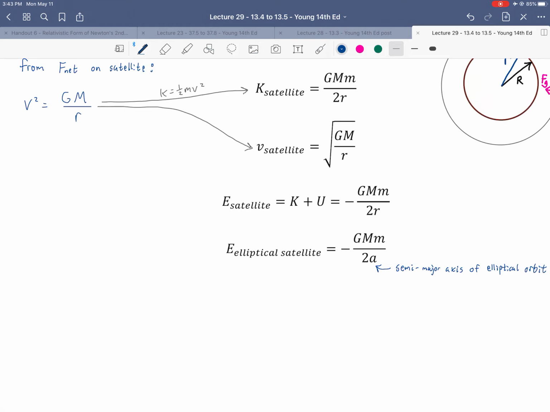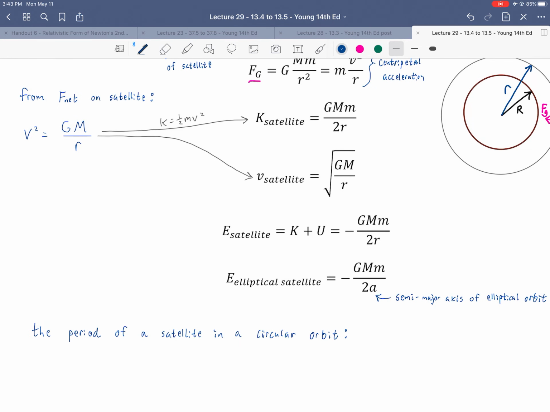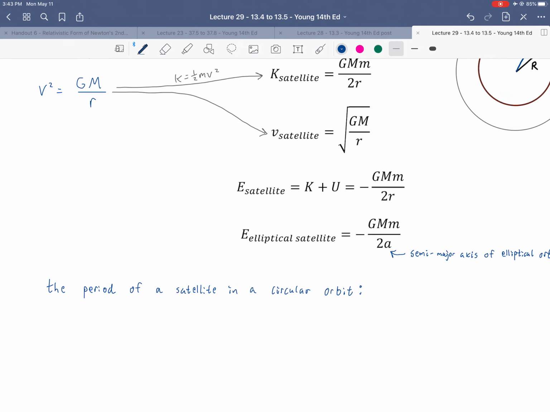So let's show you that period. So the period of a satellite in a circular orbit. This could have been an example, I suppose, but I'm just going to show it down here as a little derivation. Okay, so how would we come up with that? Well, we'd want to relate v to just distance over time.